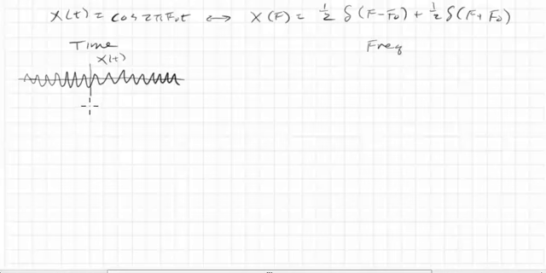And we're going to model the switch effect by this window function. I'm going to assume that we turn the switch on here and turn the switch off there. To make the math easier, we're going to make it symmetric: minus T over 2 is when I'm going to turn it on, and when t is equal to T over 2 I'm going to turn it off.